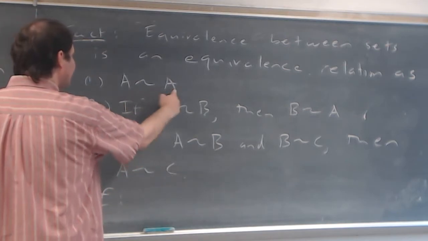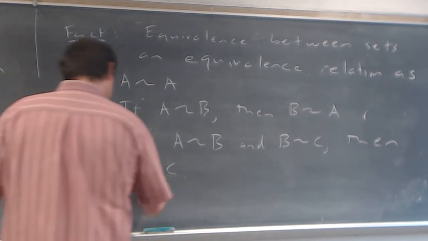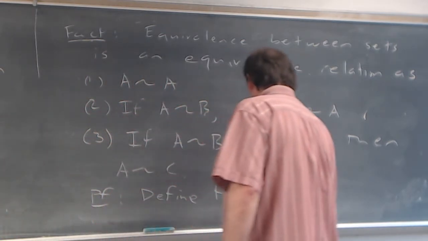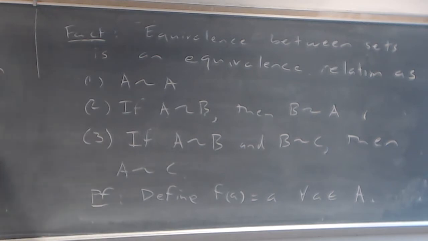Well, to prove that A is equivalent to A, means we've got to find a one-to-one and onto mapping, a function from A to A. And so I'm going to define f of a equal to a for all a an element of A. We're going to show that f is one-to-one and onto.